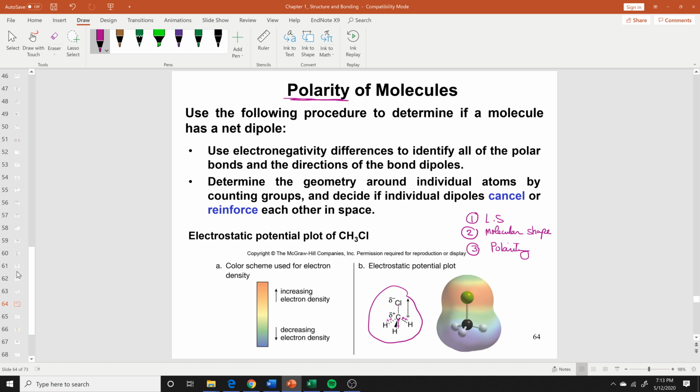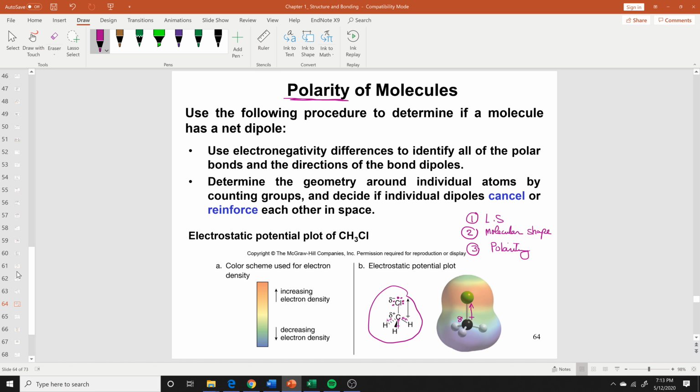It's going to continue because chlorine is electronegative. So chlorine here has a lot of electrons. See how the electron map shows a red region around the chlorine. That red region indicates that chlorine is rich with electrons. So chlorine is going to steal electrons away from the carbon, and it's going to make this carbon partial positive.